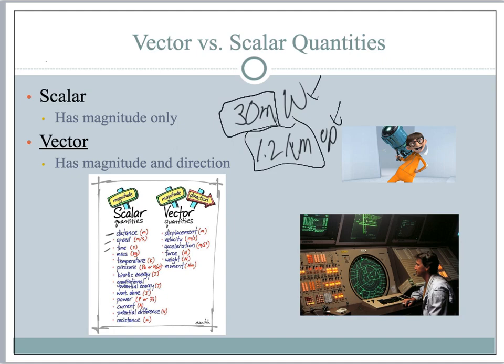So let's take a look at some of these vector quantities. Displacement, vector quantity. This 30 meters west that I wrote would be considered a displacement. Don't confuse that with distance, because distance and displacement are not the same thing. If you think of a distance, you're not concerned about where you started.